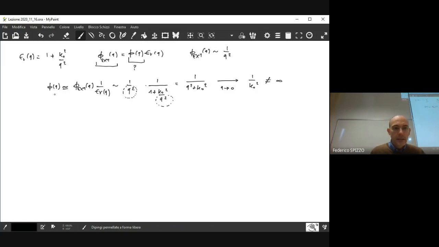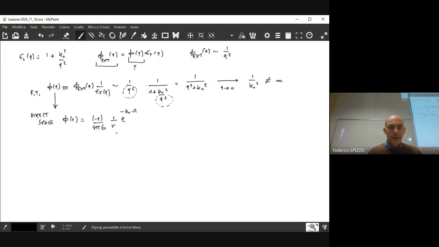In particular, it is interesting to see what happens if we move from the Fourier transform to the direct space representation of the actual potential. In this case, the direct space representation is minus e divided by 4 pi epsilon 0, 1 divided by r times e to the minus k0 times r.